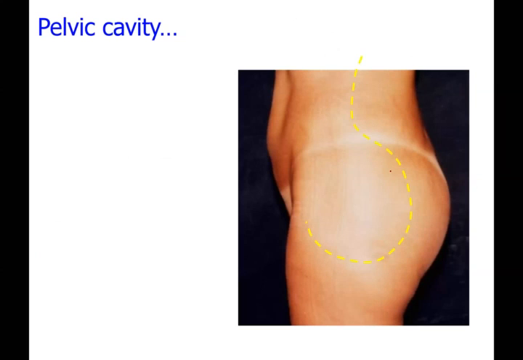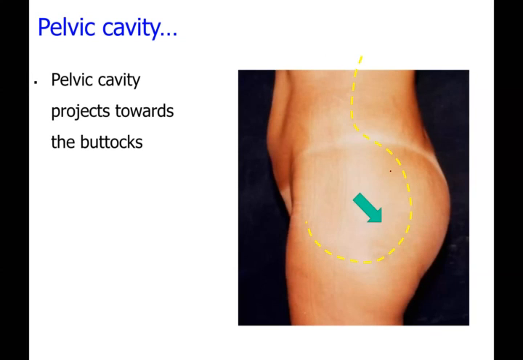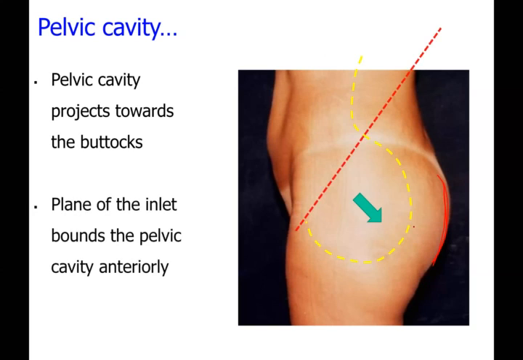Now, if you take a normal person and you try to draw the pelvic cavity with this line, you can see the pelvic cavity is projected towards the buttocks of that person, and the plane of the inlet or the pelvic brim bounds the pelvic cavity in front, rather anterosuperiorly.